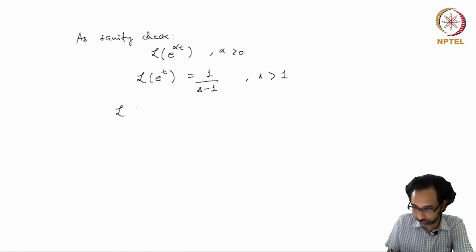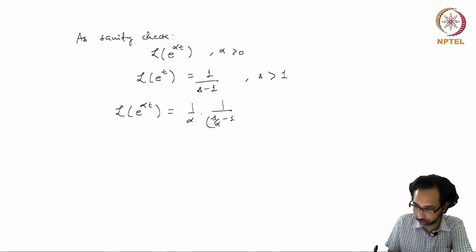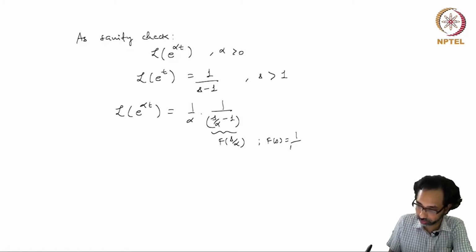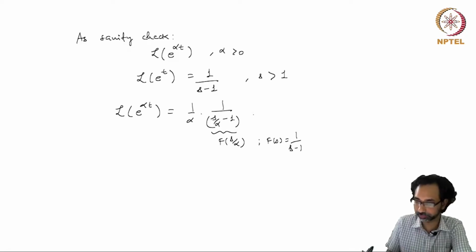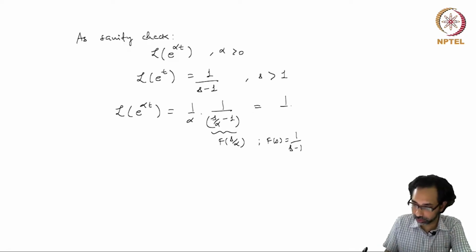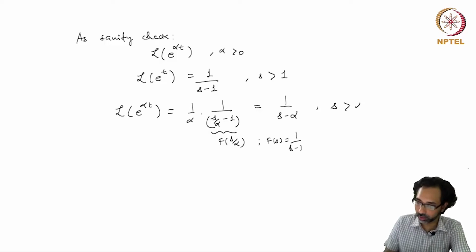So in terms of our change of scale formula, the Laplace transform of e to the alpha t should be 1 over alpha times 1 over s by alpha minus 1. So this is just F of s by alpha, where F of s is 1 over s minus 1, and this is just 1 over s minus alpha, and the region of convergence is s greater than alpha times 1, which is alpha.